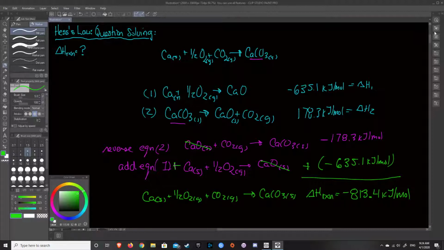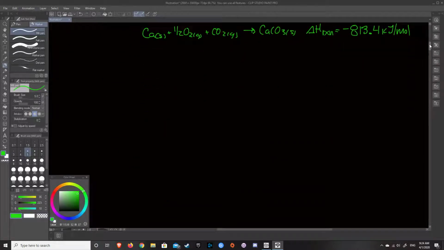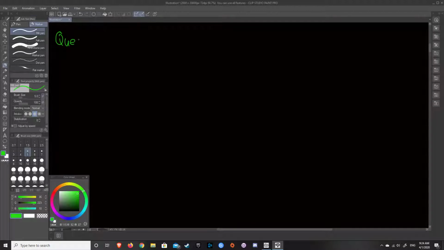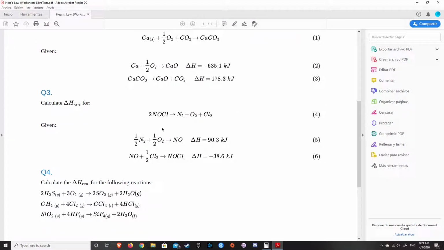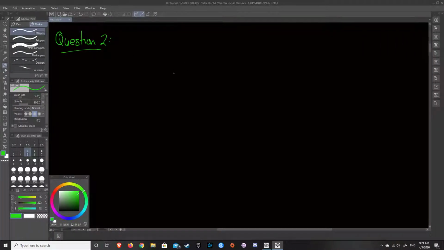Let's scroll down here and do question 2. Let's try a second one. Let's look at what we've got: 2NOCl forms nitrogen, oxygen, and chlorine. Here's the equation: 2NOCl decomposes to form nitrogen, oxygen, and chlorine gas.